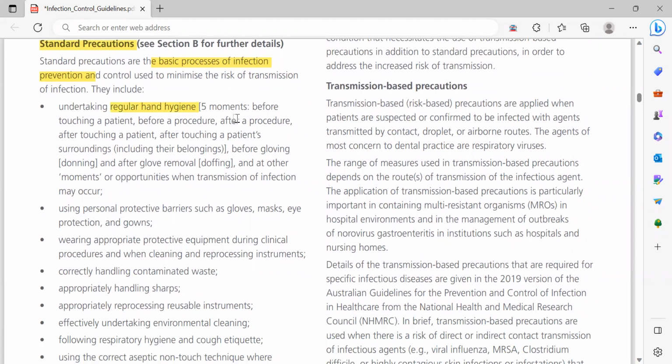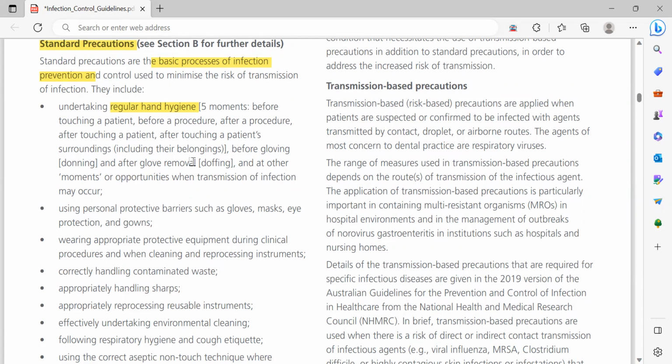You need to perform hand hygiene at 5 moments: before touching a patient, before a procedure, after touching a patient, and after touching a patient's surroundings, which means her belongings or her bag or anything. Before gloving and after glove removal, and at each moment or opportunity when transmission of infection may occur.